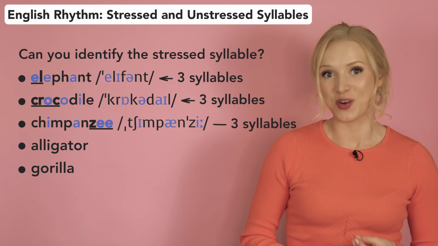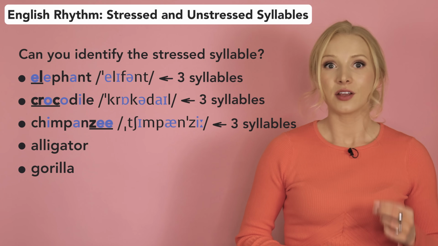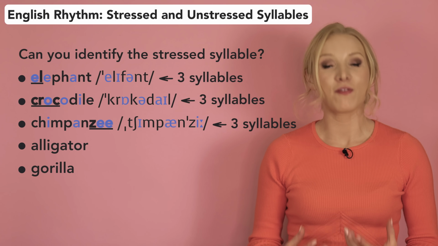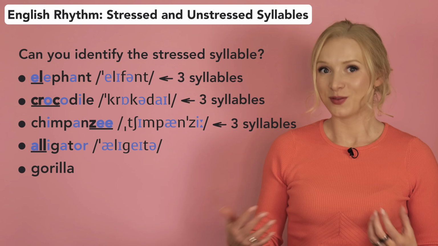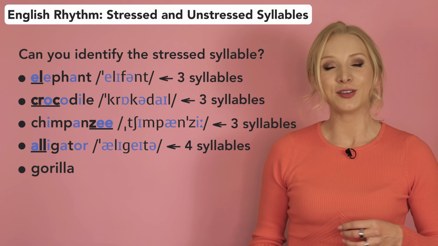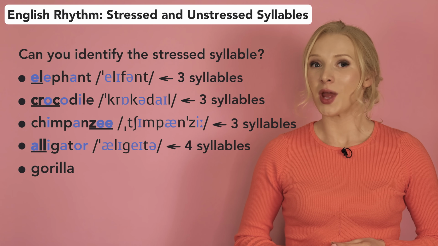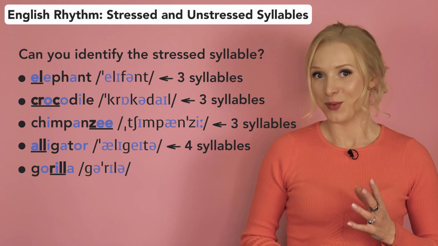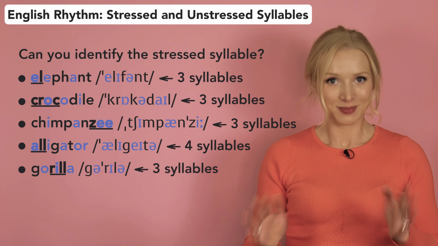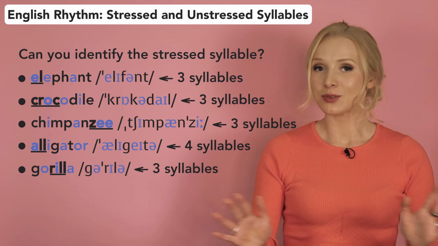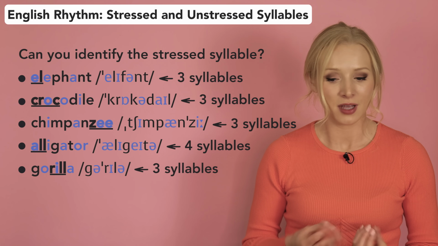Chimpanzee has three syllables but is stressed on the last syllable. Chimpanzee. There are four vowel sounds in alligator, so that's four syllables, and the main stress is on the first syllable. And finally, we have gorilla with three syllables stressed on the second syllable. Got it?